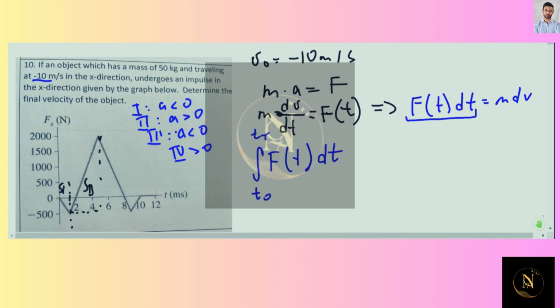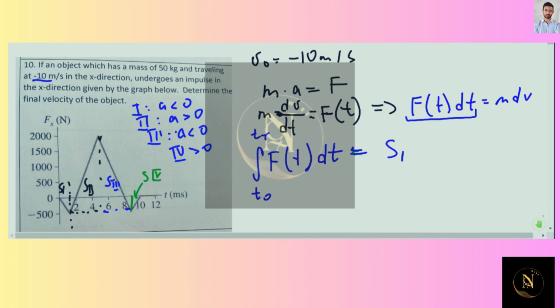The third process has area S3. And the last process has area S4. So this integral equals the sum of these areas.